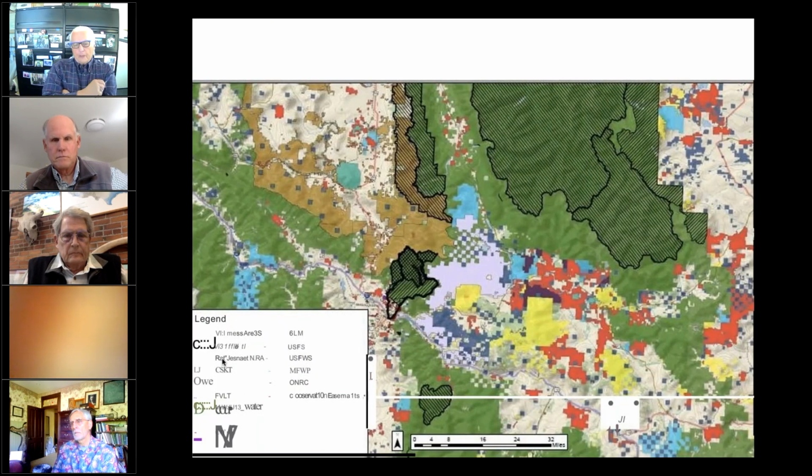The context for that is particularly interesting as we look back at where did all this come from. What we're looking at here is a bigger picture that extends from the Rattlesnake area and Missoula.